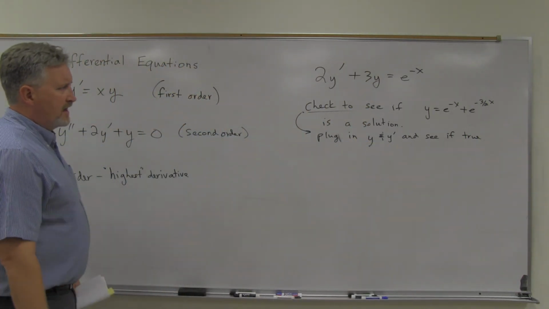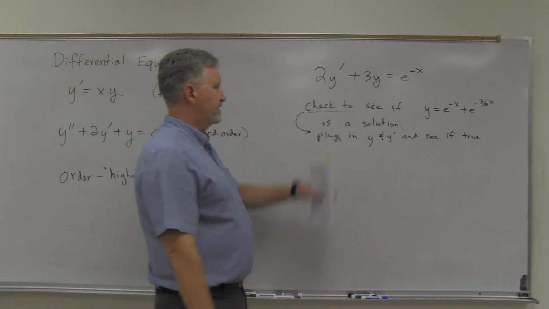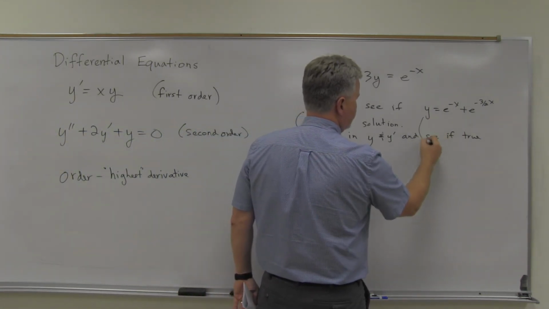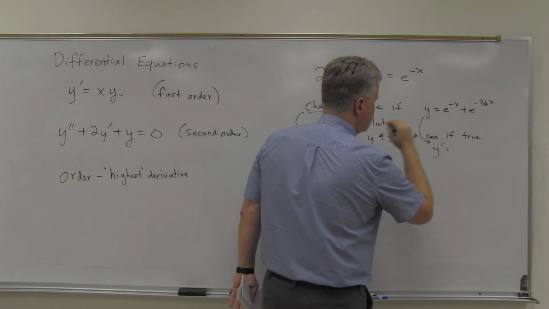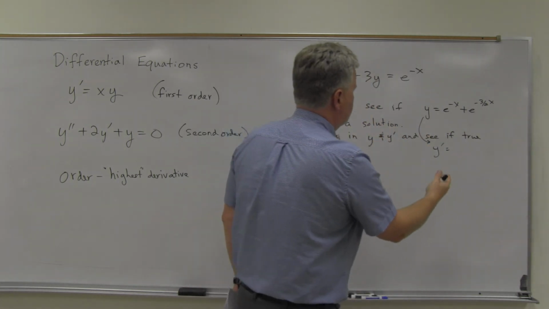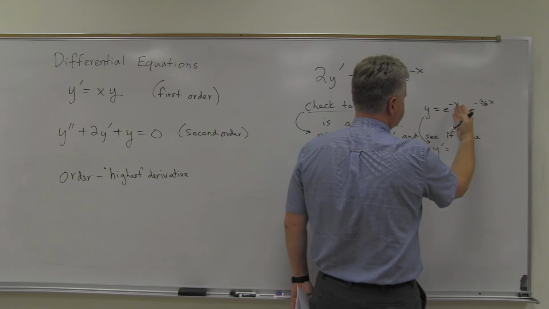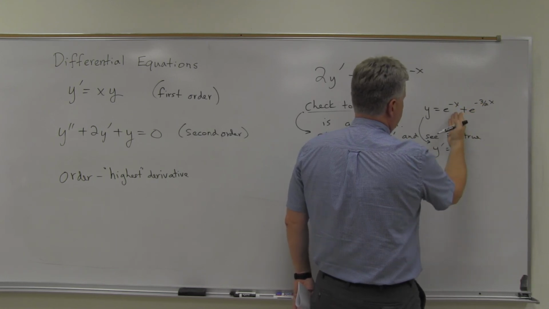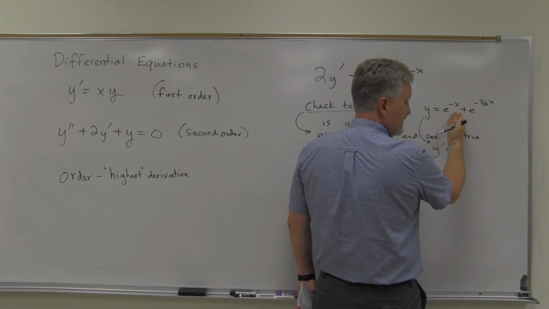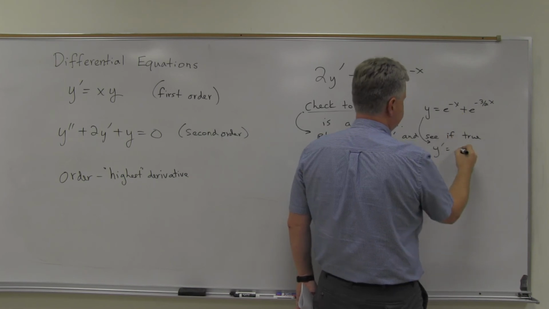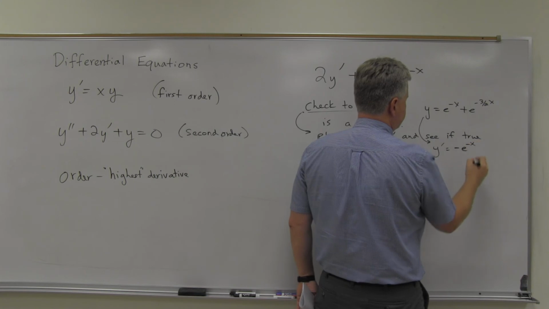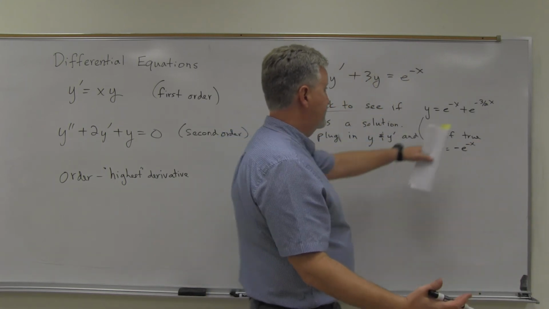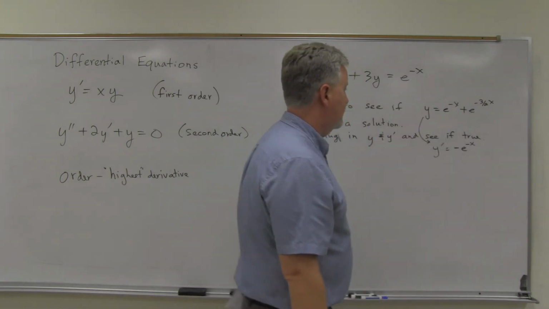Now, we've got the y, so I'm going to plug that in. What do we have for y prime here? It's just the chain rule. The derivative of e to the minus x is e to the minus x times minus 1, because that's the derivative of the power.